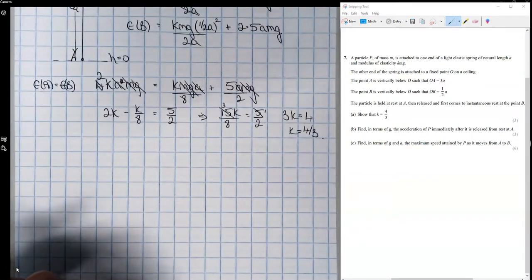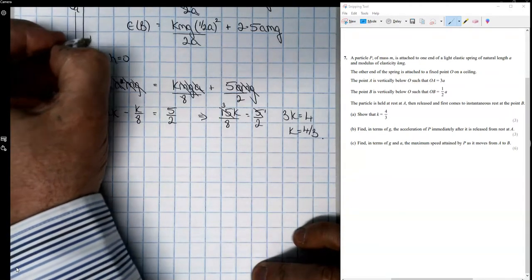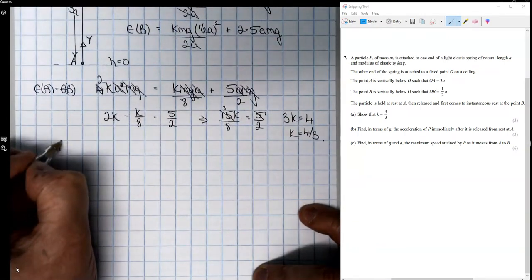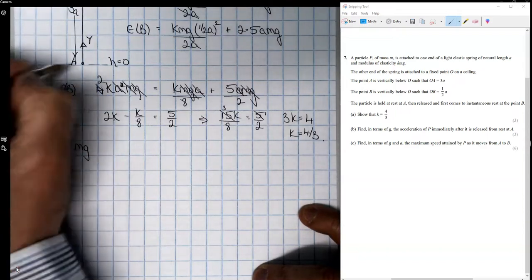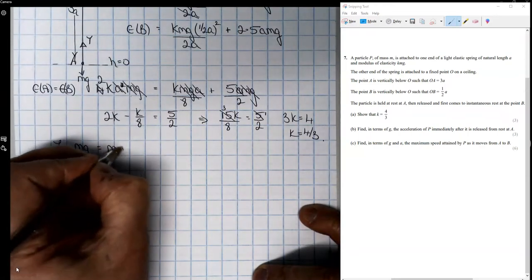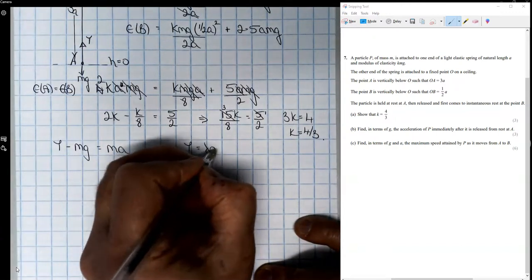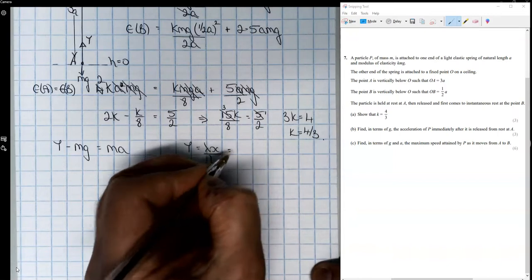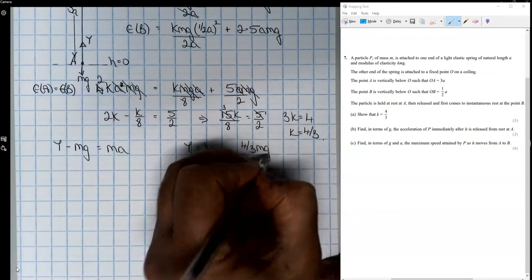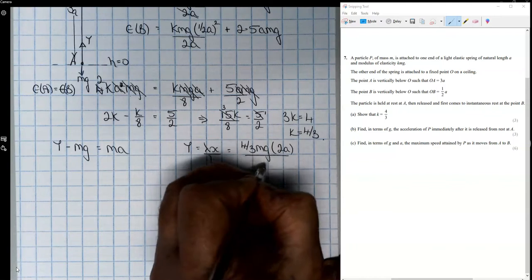Second part, find in terms of g the acceleration immediately after it's released. So this time we've got a tension in the spring. So we're going to use T, take away the weight, which will be mg going down, equals mass times acceleration. T equals lambda x over L. Lambda is kmg, 4/3 mg. x is 2a over the natural length, which is a.